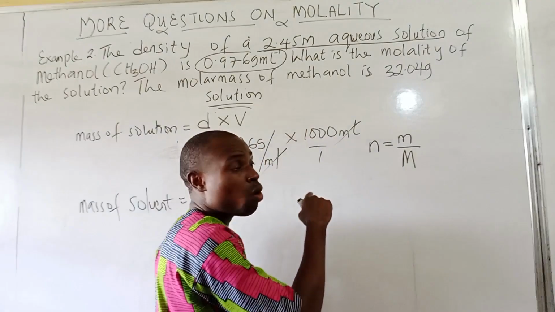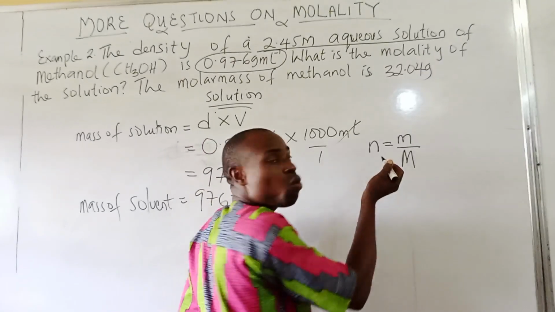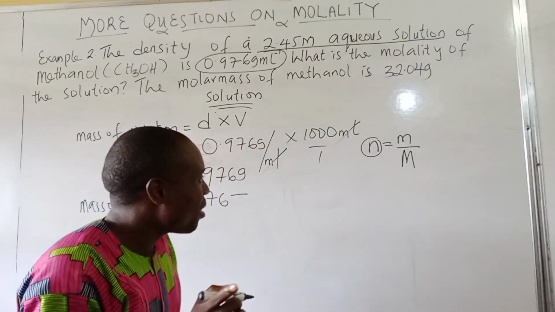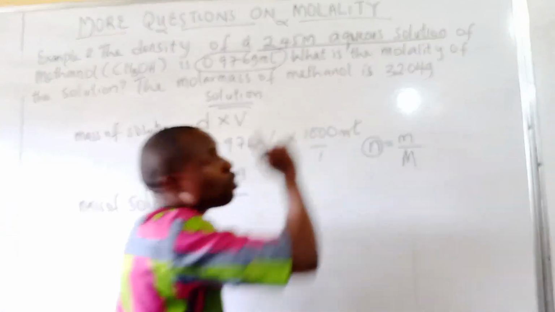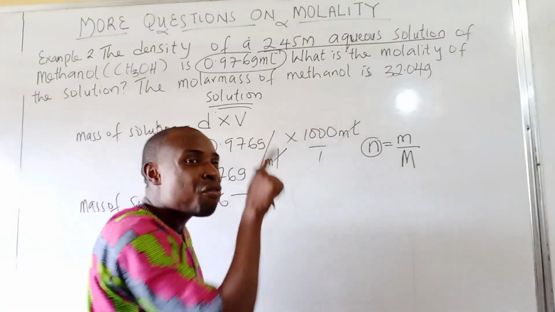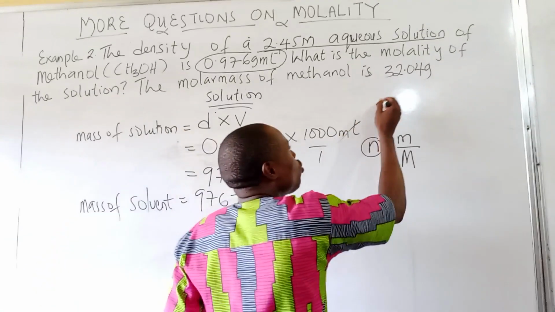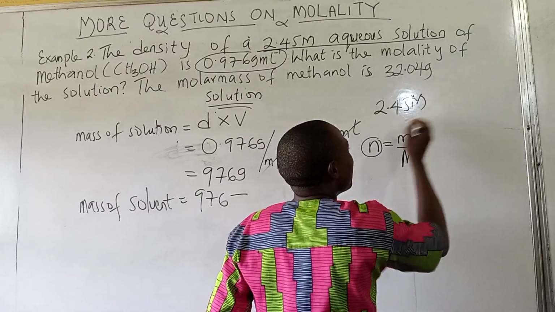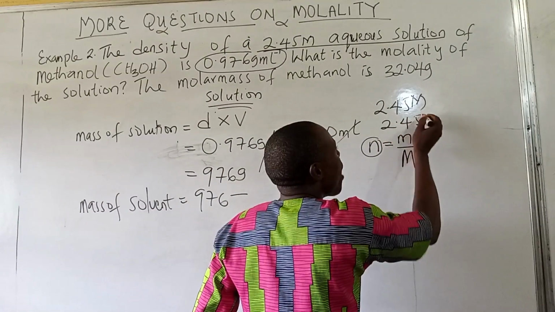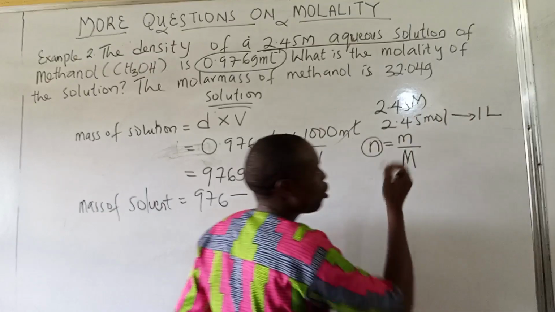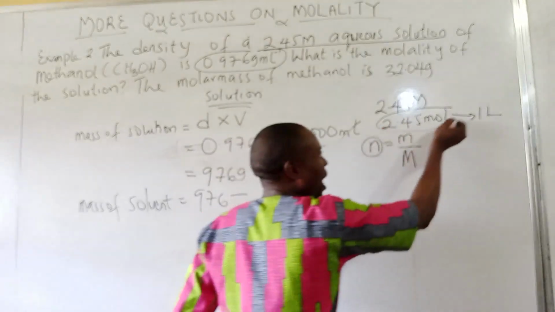Already in the question, we are aware of the number of moles of the solute from 2.45 molar, which is the same thing as saying 2.45 mole in 1 liter. So we are really going for the mole here.